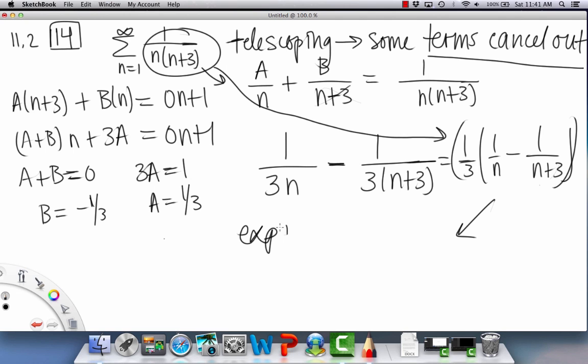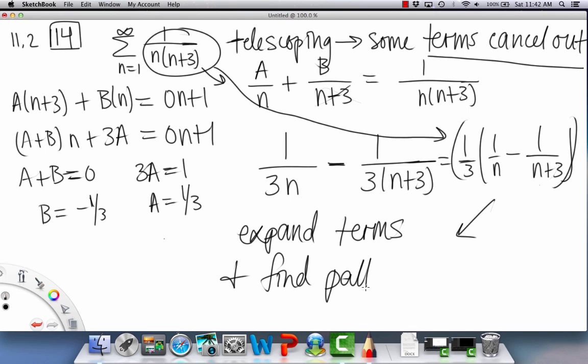That was the whole point of doing the partial fractions. Find patterns, that was the important part. In the next one, I'll use this formula to find our partial sums, and then we'll try to find a pattern in them.